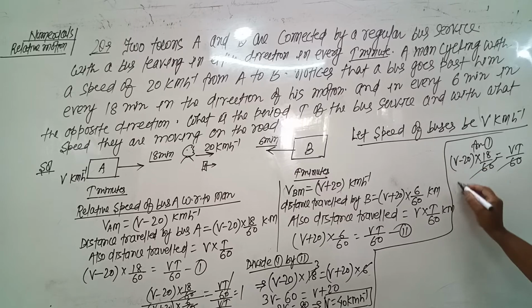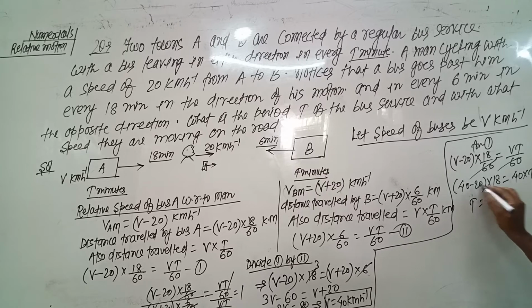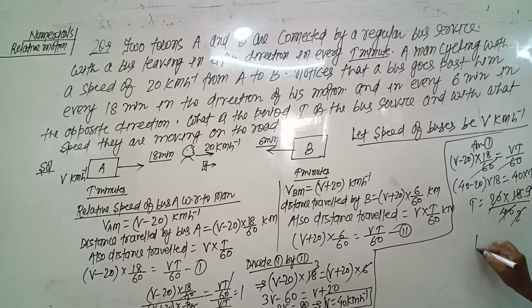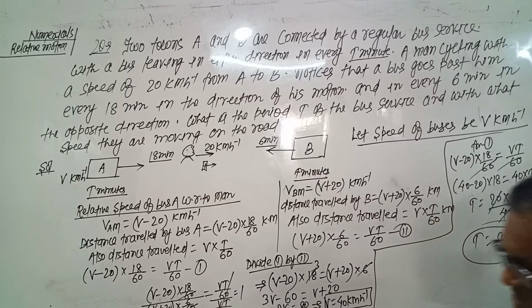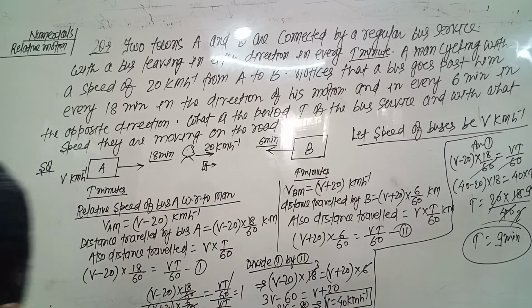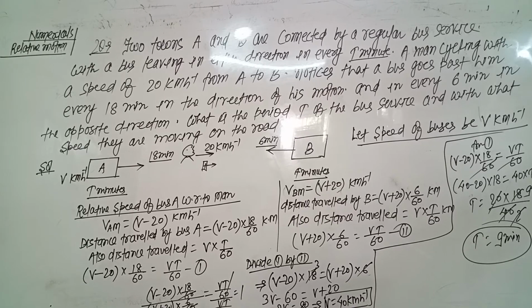So (40 minus 20) into 18 equals 40 into T, and T comes to be 20 into 18 upon 40, which is 9 minutes. So the time period of the buses is 9 minutes. Means after every 9 minutes a bus moves from A to B and also from B to A.